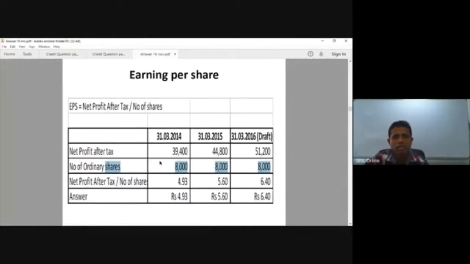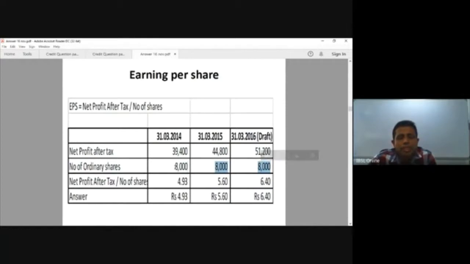This is very common sense. Net profit after tax, we took these figures as thousands, 39,400. If you take that as millions, it would be 39.4 million. Similarly, the 8 million ordinary shares you have to take as thousands.